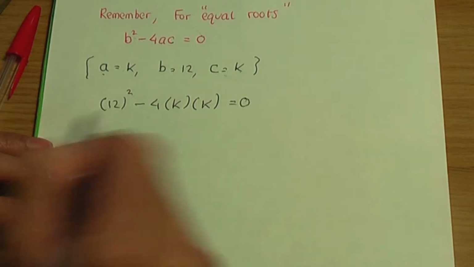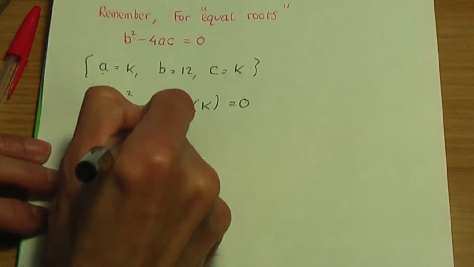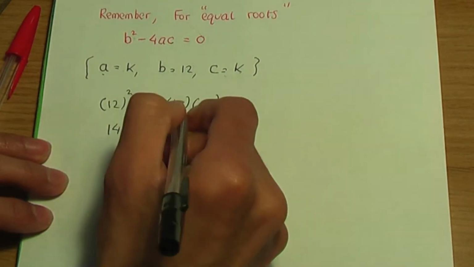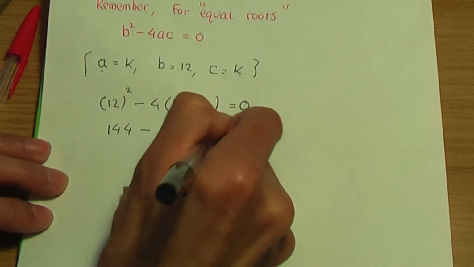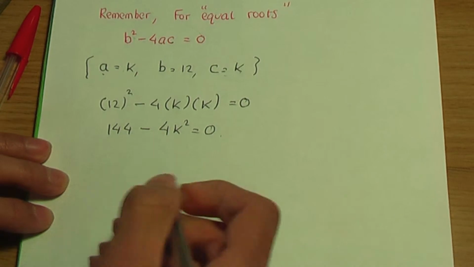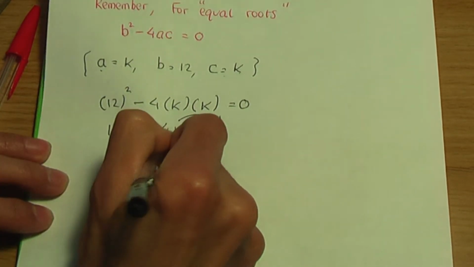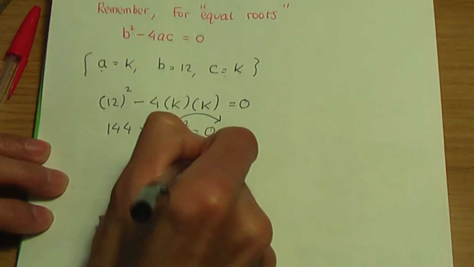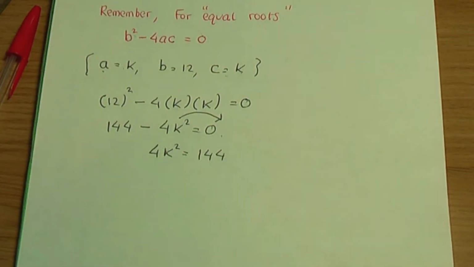So let's multiply. 12 squared is 144, minus 4 times k times k is 4k squared, which is equal to 0. If I bring the minus 4k squared to the right hand side, we're going to have as a result 4k squared is equal to 144.